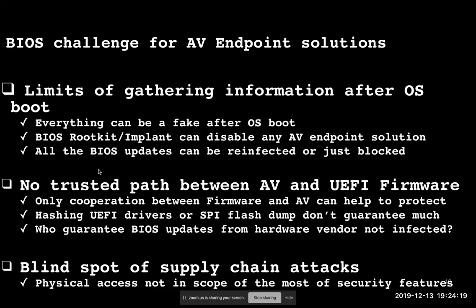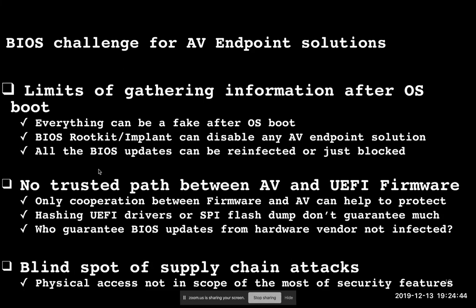First of all, everything can be faked after the operating system boots. If you have a powerful implant and the attacker spends enough time analyzing the platform and building some malicious capabilities, it can fake almost everything.